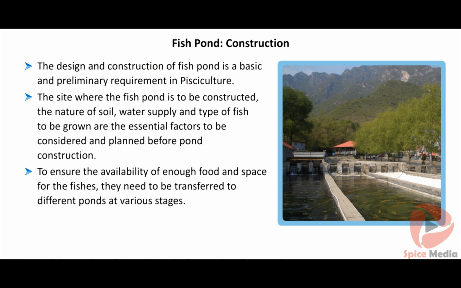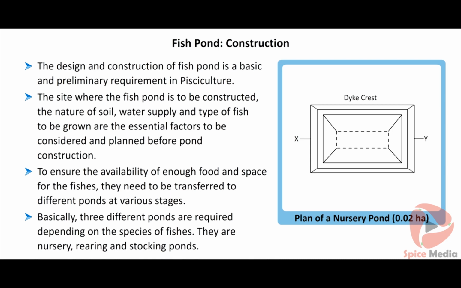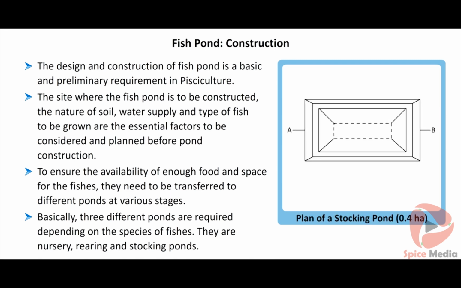To ensure the availability of enough food and space for the fishes, they need to be transferred to different ponds at various stages. Basically, 3 different ponds are required, depending on the species of fishes. They are nursery, rearing, and stocking ponds.